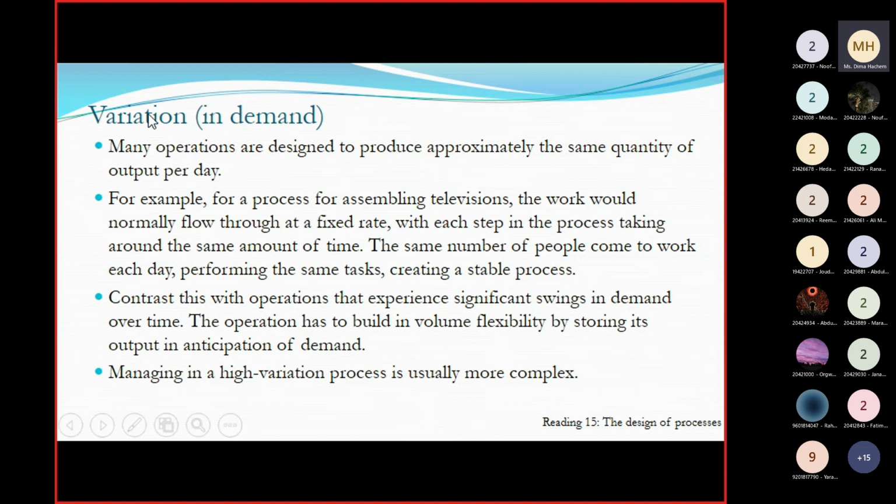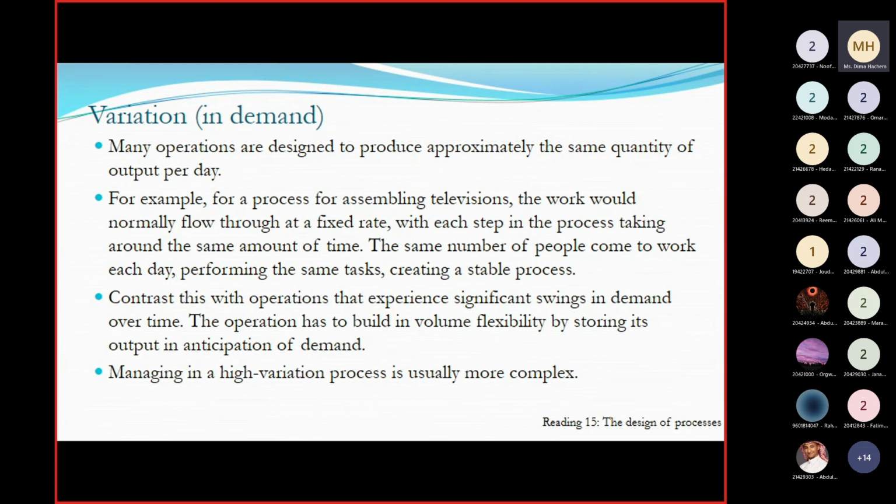Okay, so if you have high variation, there is more complexity added to your process. Okay, what does complexity mean in Arabic? Complicated. Exactly. The process will be a bit more complicated. Why? Because you will use your knowledge.